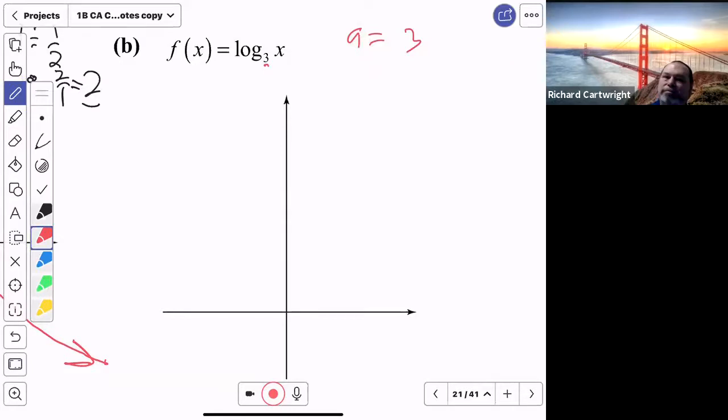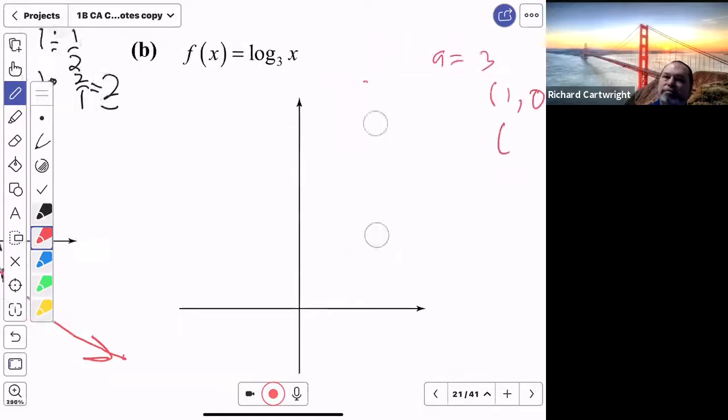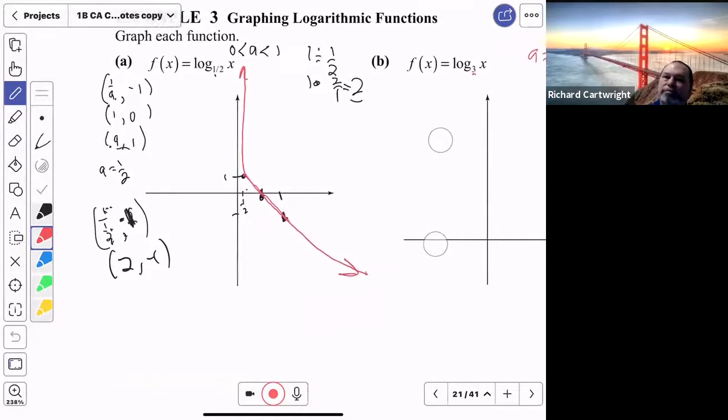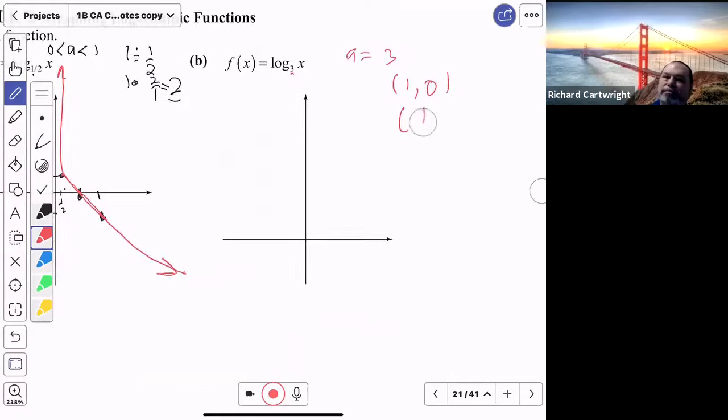So we're still doing the same thing. We're still going to say 1 comma 0. We're still going to say, what were the other ones we did? We did 1 over a, -1, and we did a, 1.